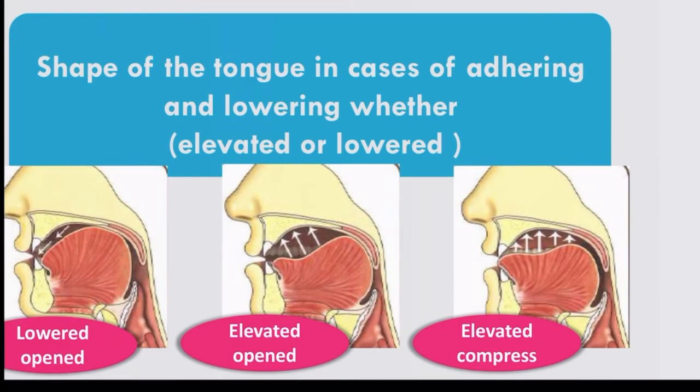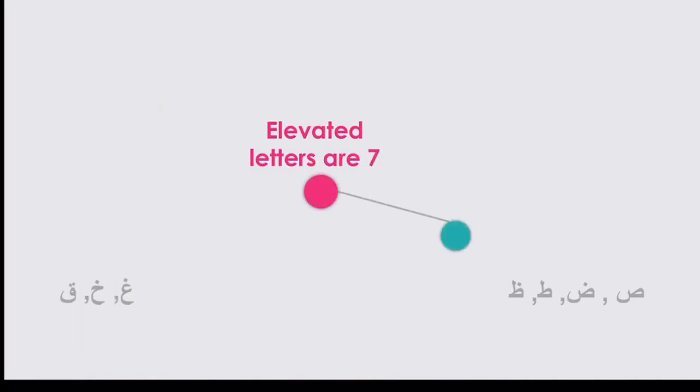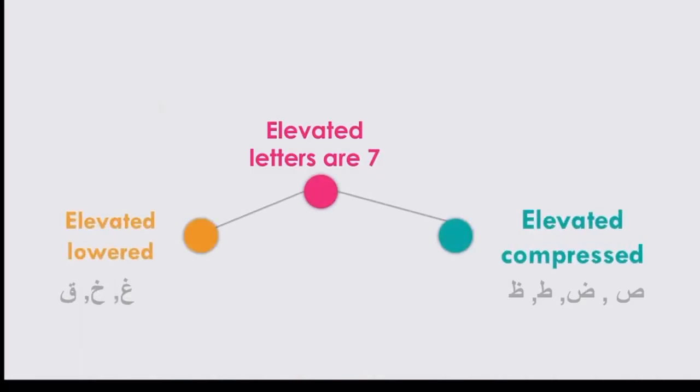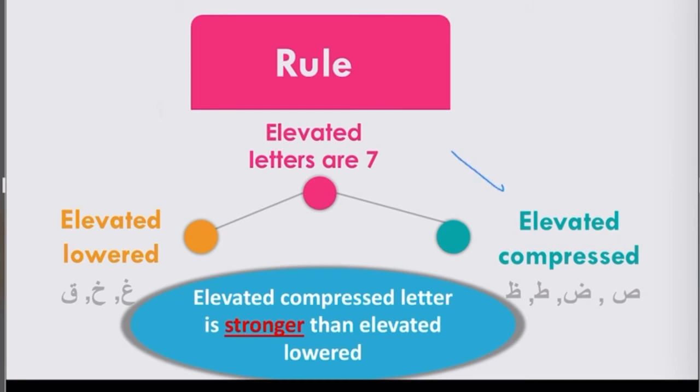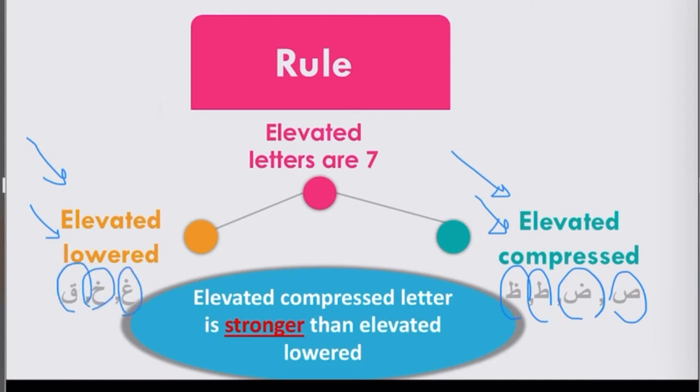Okay, so the elevated letters that I just showed you may be elevated and compressed, and maybe elevated and opened. Elevated and compressed are صاد, ضاد, طاء, and ظاء. Elevated and opened are غين, خاء, and قاف.